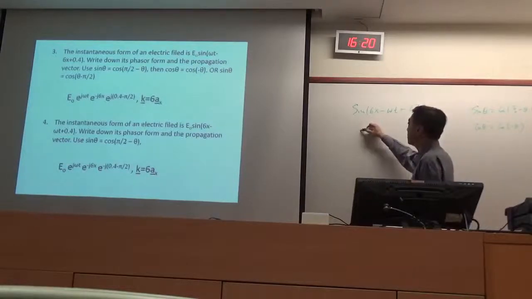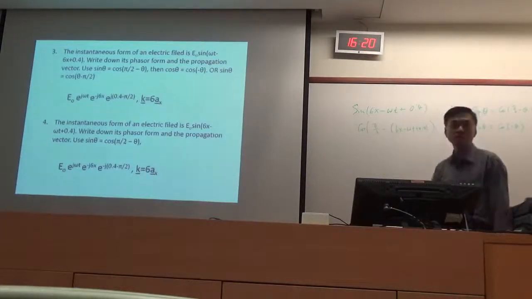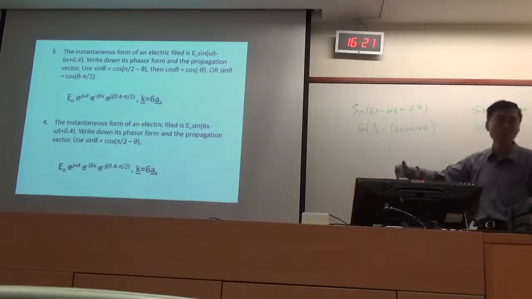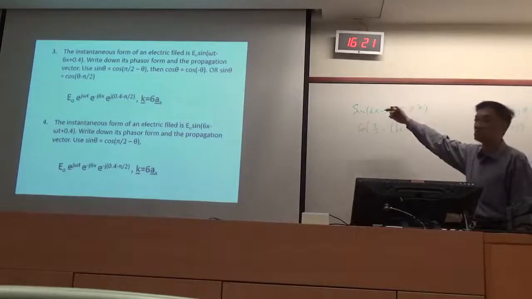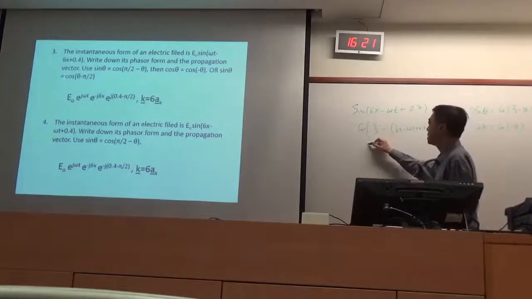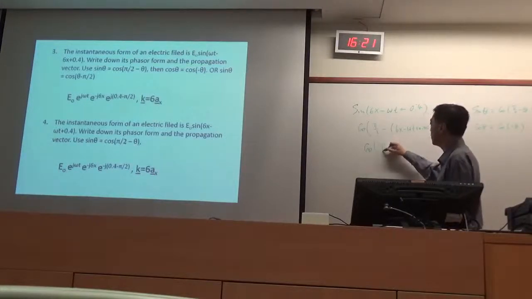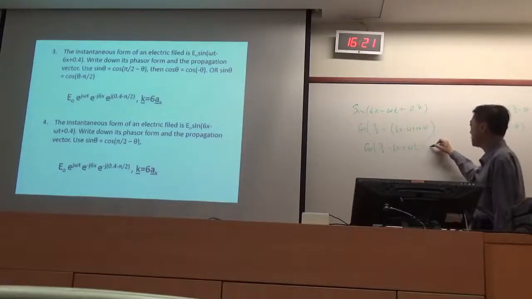So this one becomes cosine(pi by 2 minus 6x minus omega t plus 0.4). And of course, when you write all these things, when you copy, don't make mistakes. There are several people who copy from this line to the next line wrongly. Alright, don't make that kind of mistake. So this is cosine(pi by 2 minus 6x plus omega t minus 0.4).